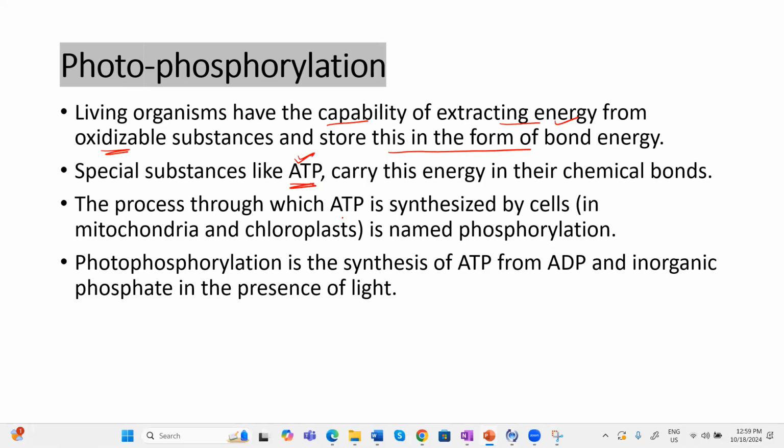ATP is made by chloroplast and mitochondria, and the process is known as phosphorylation. But right now we are discussing the chloroplast, so we will say photophosphorylation. Why? Because here light energy is used to prepare ATP. It is synthesis of ATP from ADP plus inorganic phosphate in the presence of light.